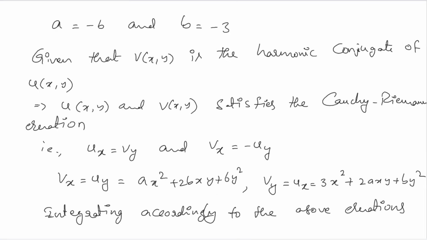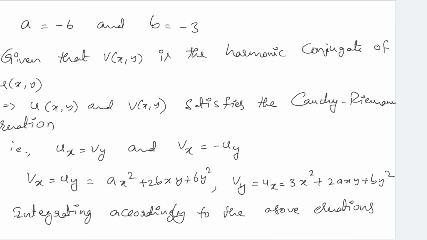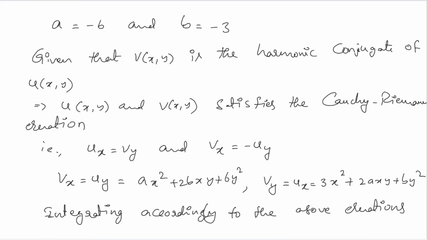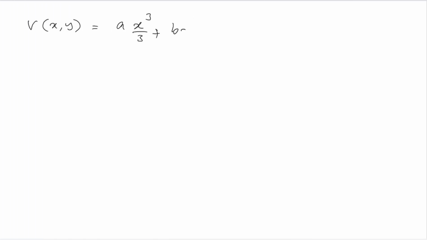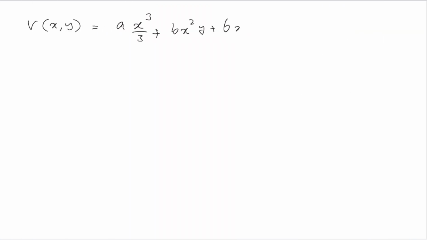Since we are integrating with respect to x, we get ax cube by 3 plus bx square y plus 6 x y square. This is v of x comma y.